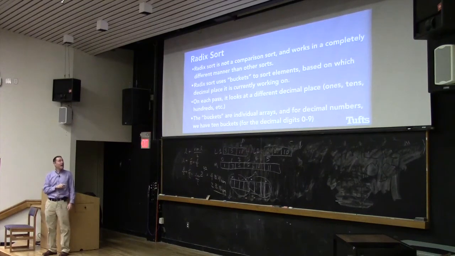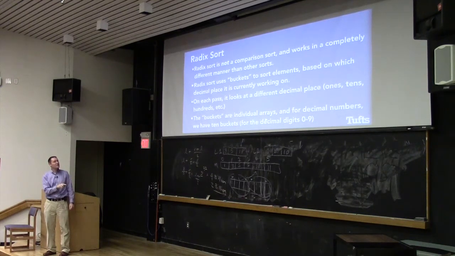Okay? And each time you look at a particular decimal place, and that's what you sort on. Whatever that decimal place is, you throw that number in that fits in that decimal place. Oh, I'll show you. That fits whichever one of the 10 decimal places it is, it goes into a bucket between 1 and 10. Okay, Alex is like, what are you talking about? I'll get there. We'll get there in a sec.